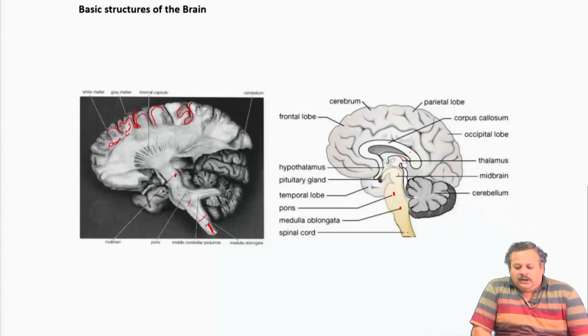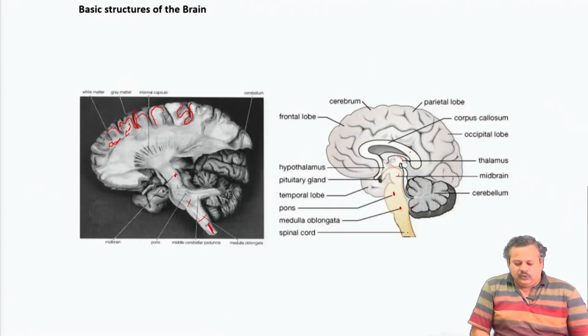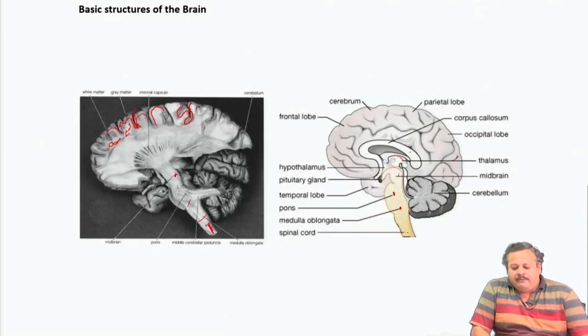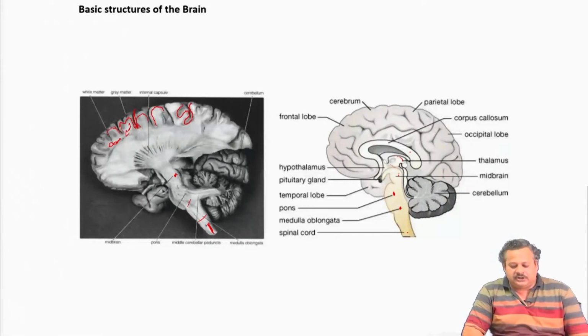Beyond this, there are other structures that we can see, which have to do with more limbic processing, and that we will take up in a different slide later on about how the amygdala, hippocampus and other structures are involved in this whole picture.